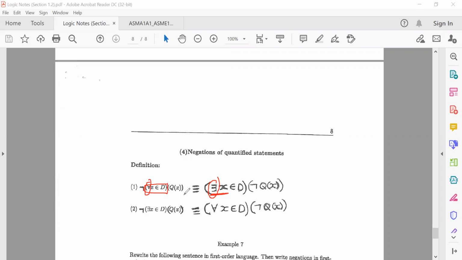And then in the second bracket, you also have to negate that predicate. Let's look at the second one. If I say negate this, you negate the first bracket, meaning this is going to change from existential to universal. You see my set D there, this predicate symbol here is not affected. But now the predicate, you also have to negate it.